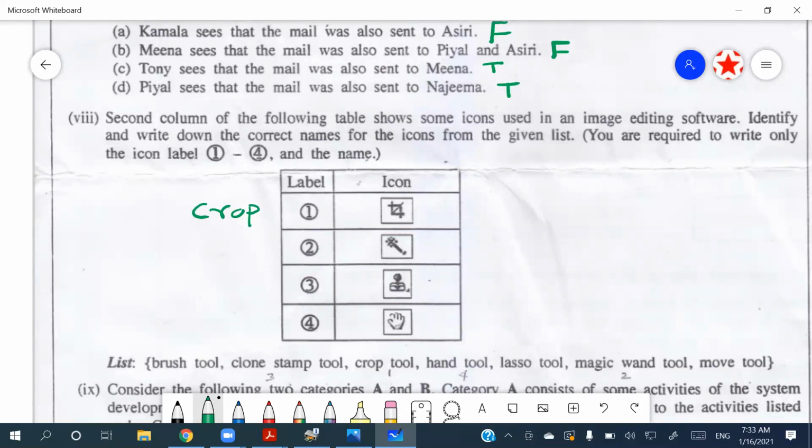So magic wand is there. Right, and third one, it's the stamp tool, or in your case, it's the clone tool. So clone stamp is there, so you should be able to pick it up. So clone stamp.